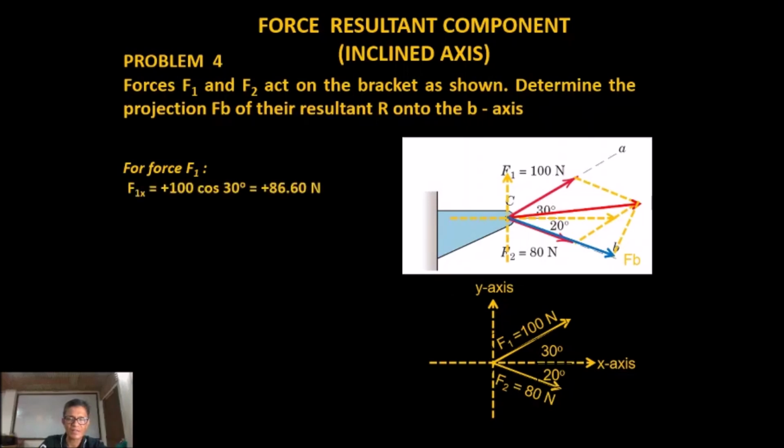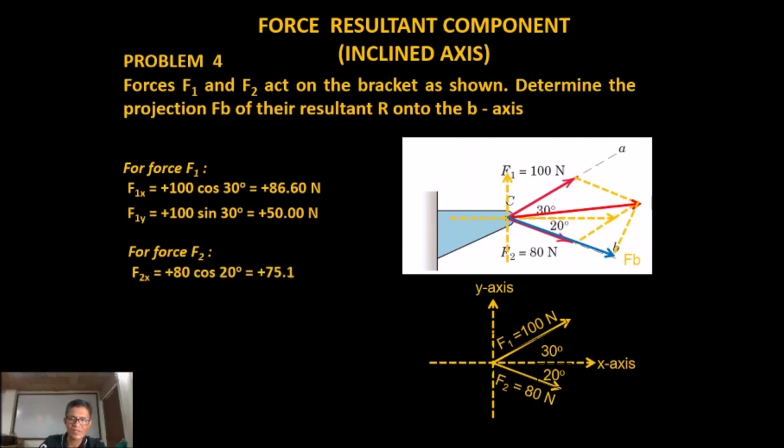F1x will be positive, and that will be equal to 100 cosine of 30, and that is equal to positive 86.6 newtons. Then F1y will be equal to positive also, 100 sine of 30, and that is equal to positive 50 newtons. Okay? Then for force F2, F2 is directed downward to the right, so the x component is positive and the y component is negative.